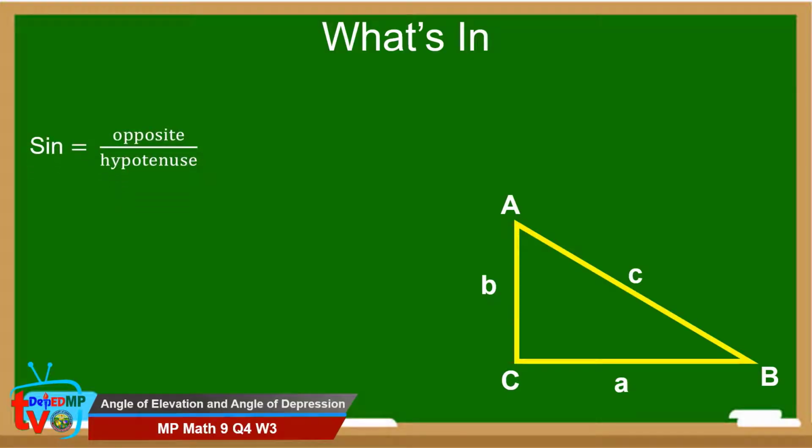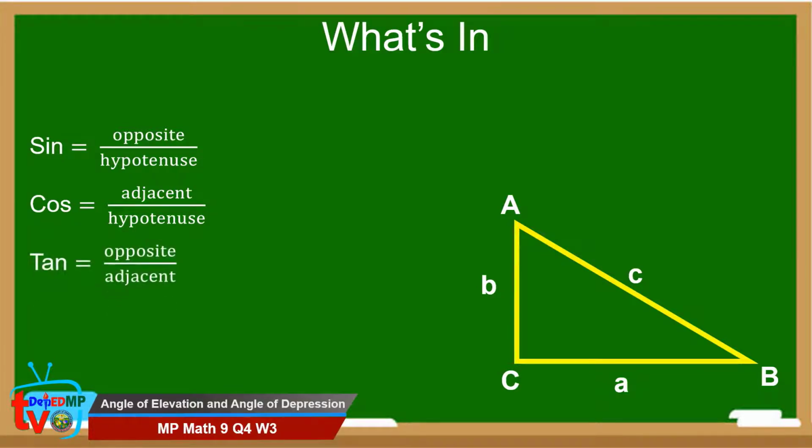SOH stands for sine equals opposite side over hypotenuse. CAH stands for cosine equals adjacent side over hypotenuse. And lastly, TOA stands for tangent equals opposite side over adjacent side.